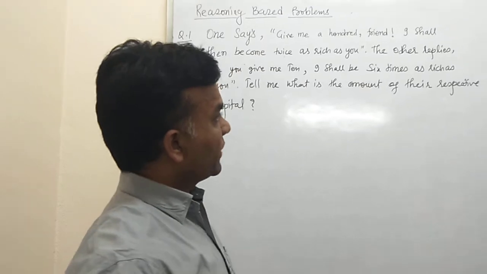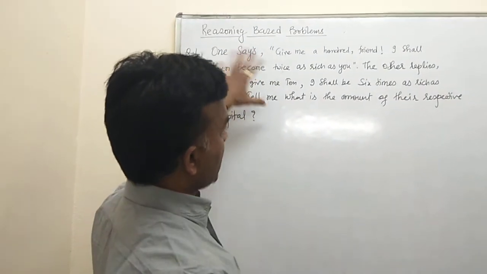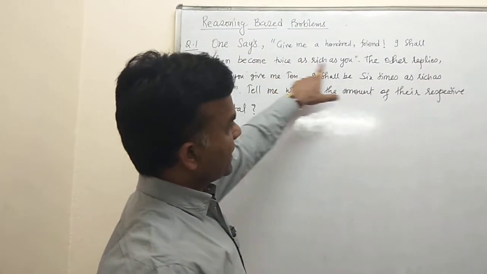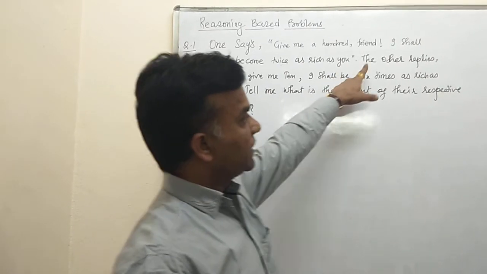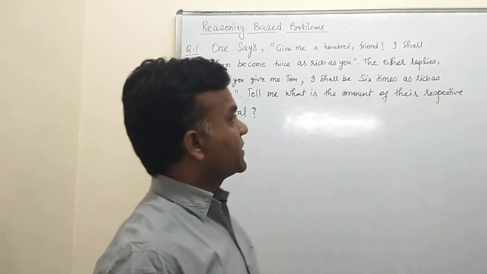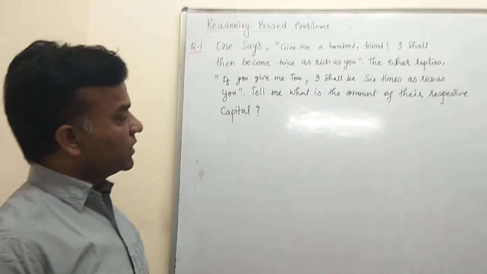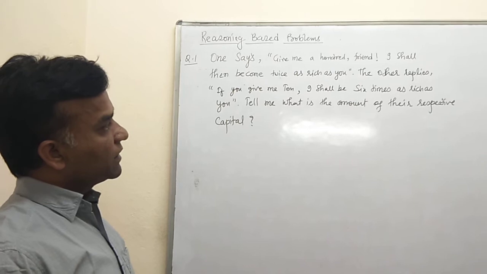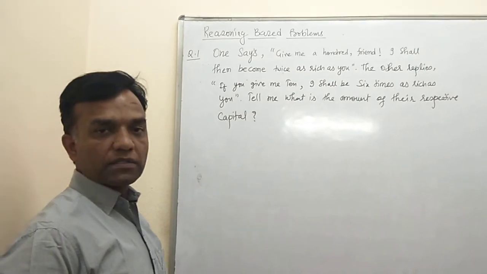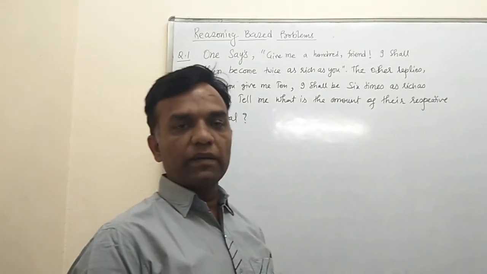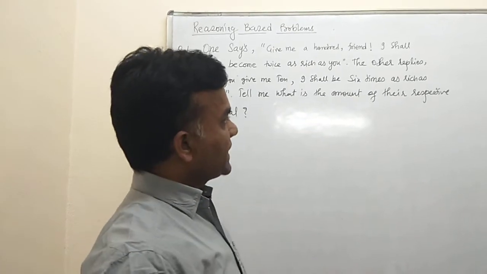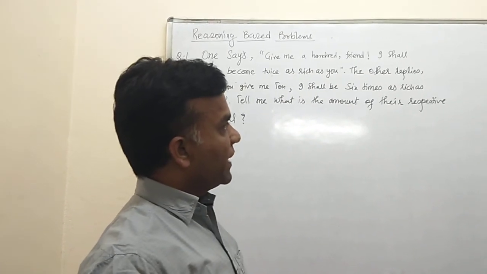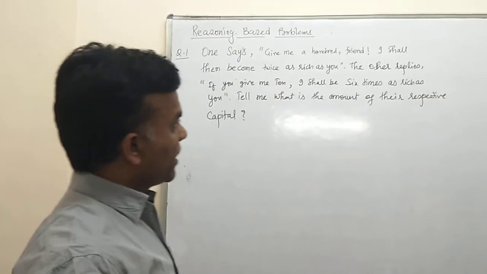So first, in bifurcation, two conditions are given separately: one says, that is the first situation, and the other replies, that is the second equation. We assume this discussion between the two friends. First friend has capital x and the second friend has capital y. So start working on this question.